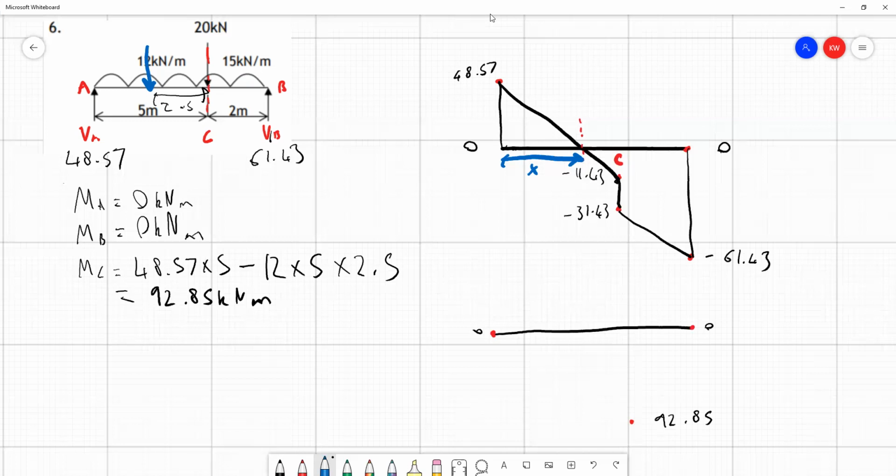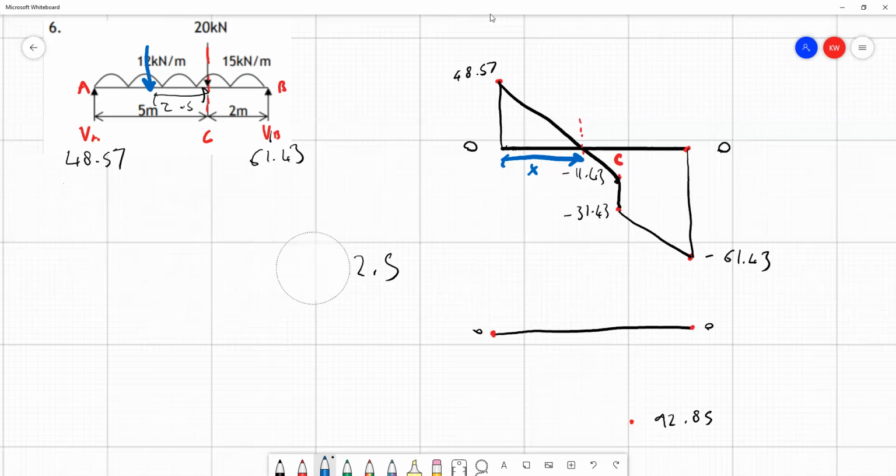So what I'll do is rub out these moments here, clear the space, and think, where does shear force equal 0? Well, before we get to C, there's only 2 things that can influence shear force. So what we want to say is shear force equal to 0.